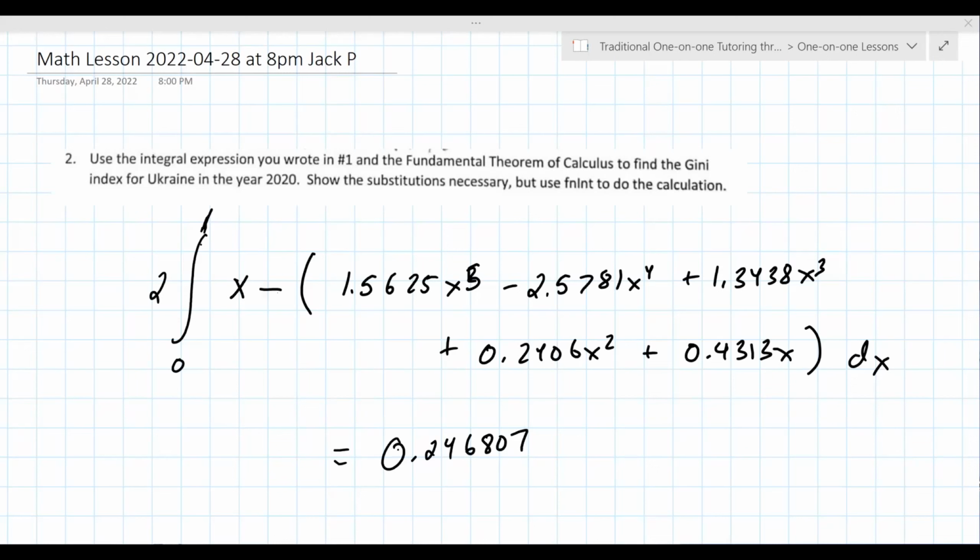Yes, this is so weird. Okay. To the right is a plot of the line of equality and the Lorenz curve. Shade the area you want to find first. Wait a second here. Did we miss something? Well, it seems like use the integral expression. Okay, yeah, I guess that's what it wants.